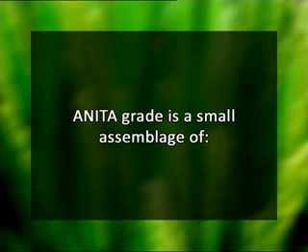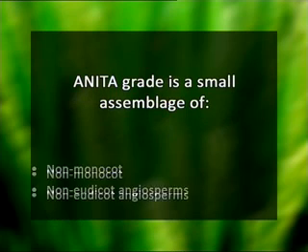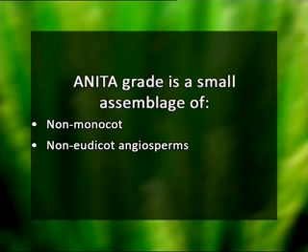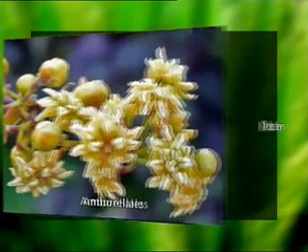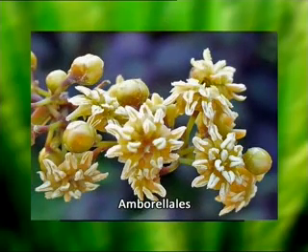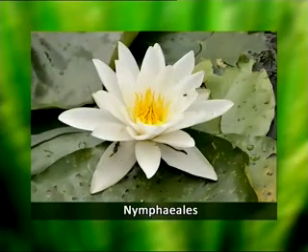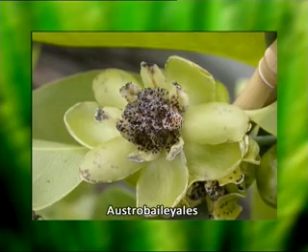It is a small assemblage of non-monocot and non-eudicot angiosperms, that means they are outside of monocots and eudicots. This ANA grade includes lineages such as Amborellales, Nymphaeales, and Austrobaileyales.